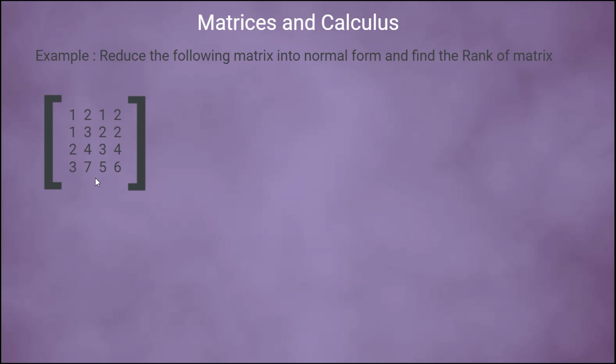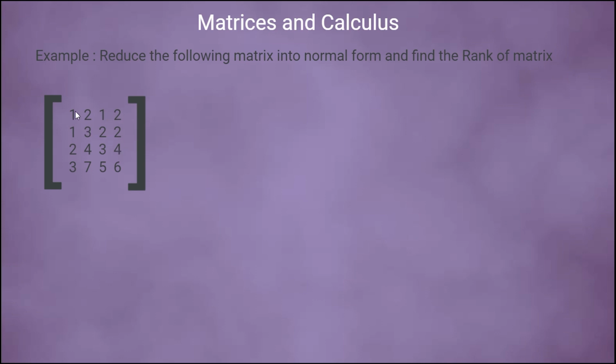In an identity matrix, all the diagonal values should be equal to 1, and the values above and below the diagonal should be 0. In the first column, these 3 values should be 0, and in the second column these 2 values and this one should be 0. In the third column, these 2 values and this 5 should be 0, and in the fourth column all these 3 values should be 0.